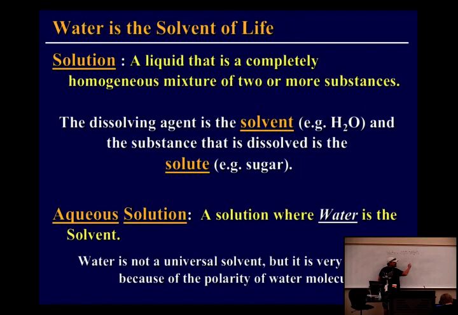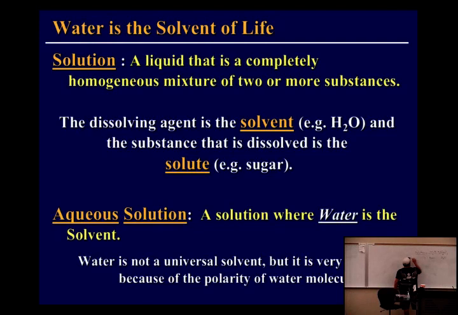What are we dissolving? The solid's what we're dissolving. And what's the solvent? So together, this is a solution, and that's a special solution called the aqueous solution. What does aqua mean? So an aqueous solution is one where water is the solvent.